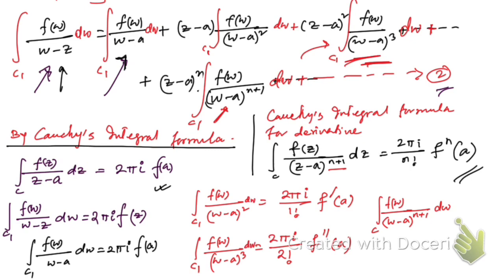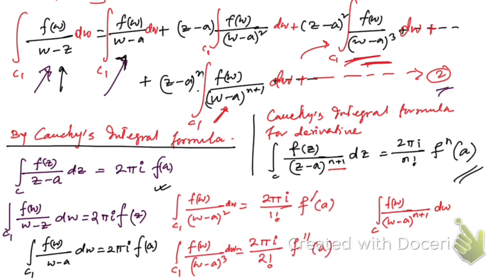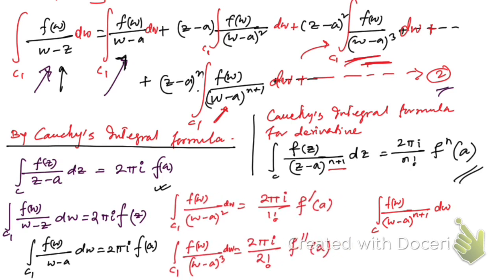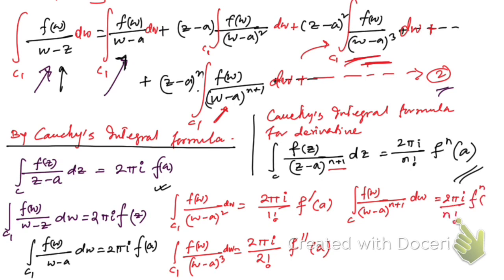Okay, and that's going to be equal to, just wait, let me adjust these things a little bit more. Okay, so here you see this is going to be equal to 2 pi i by n factorial, nth order derivative at a. That's what we're going to get.